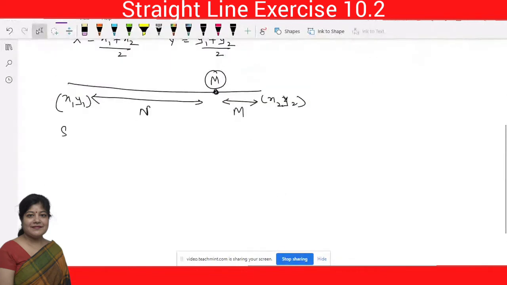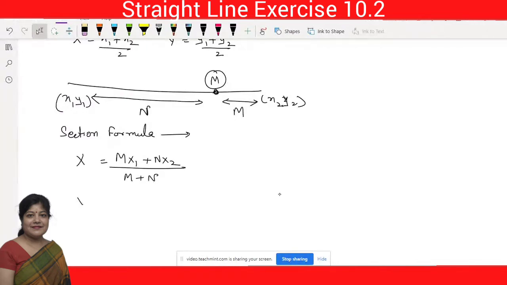With the help of the section formula, which you studied in class 10th: (mx2 plus nx1) by (m plus n). Do you remember or not? Yes, ma'am, I am recalling it.